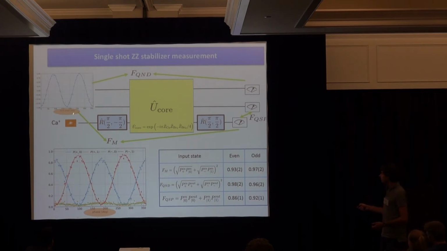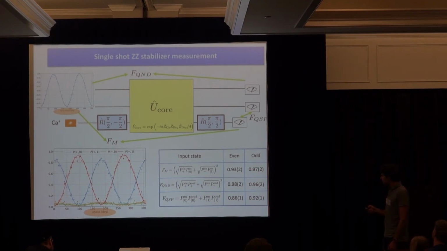We have some measurement fidelity, which correlates the input parities with the ancilla qubit readout, because depending on the parity that we feed in, we want to have one particular state of calcium. And lastly, we have this quantum state preparation fidelity, which tells us the correspondence between the measurement of the ancilla and the final parity of the beryllium ions. So those are the values.